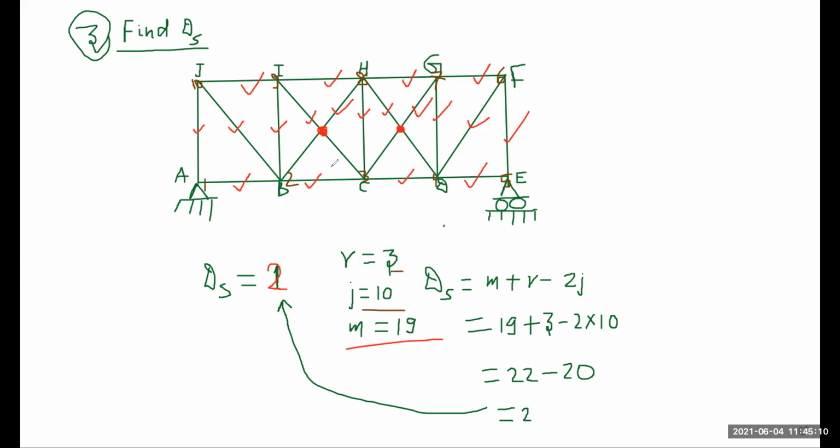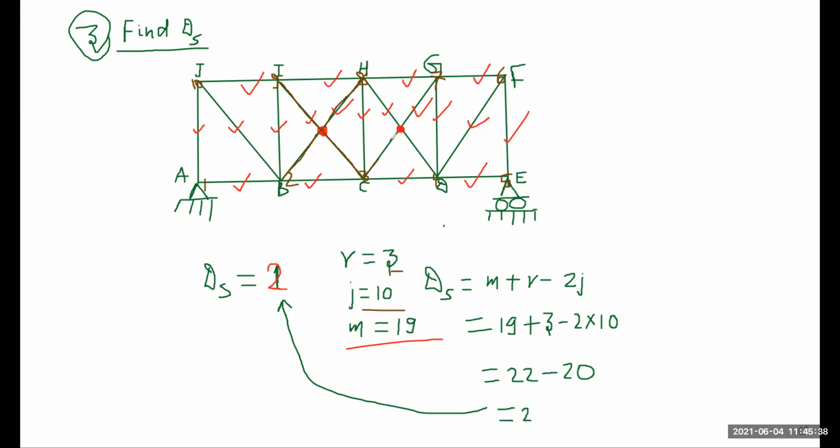But among you all, I think Anuj is saying, sir, here I see two members are passing. Here I clearly see two members are passing.